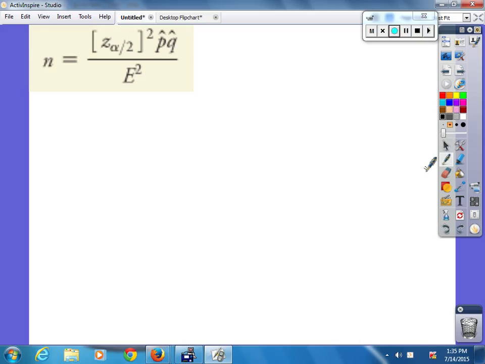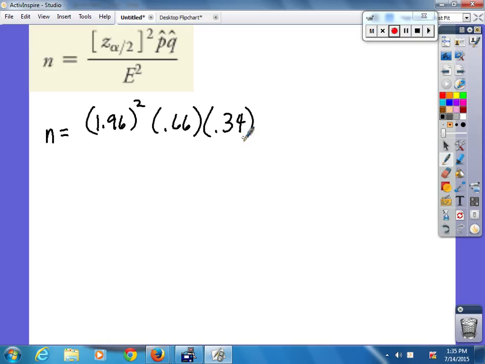Because our index card tells us that a 95% confidence level is what z-score? 1 point what? So, n is equal to 1.96 squared times 0.66 times 0.34 over 3 squared.